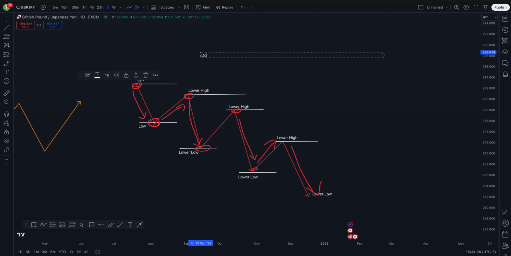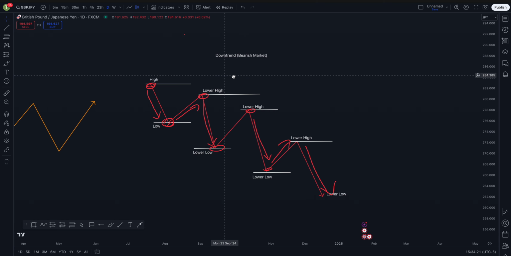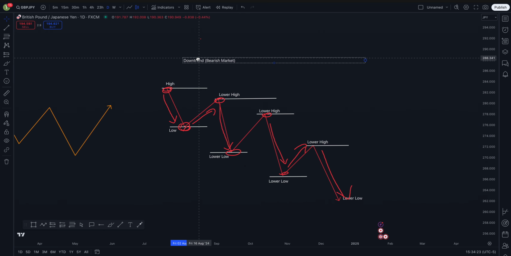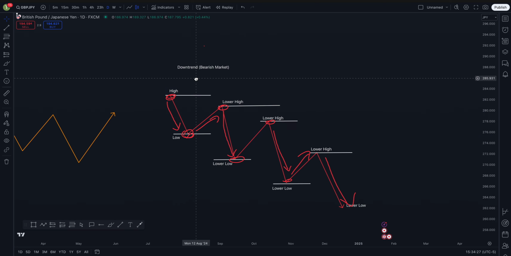That's not what we call a downtrend, aka bearish market. And if you don't know what a bearish market is, you can check my previous video where I talk about different candles to show you the different meanings of bears and bulls, right?